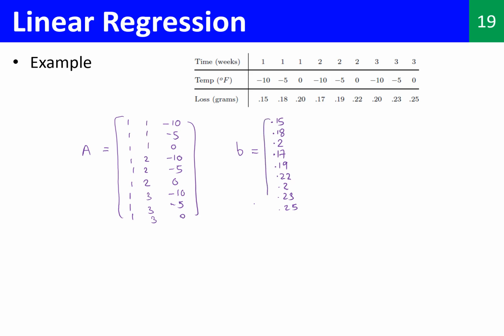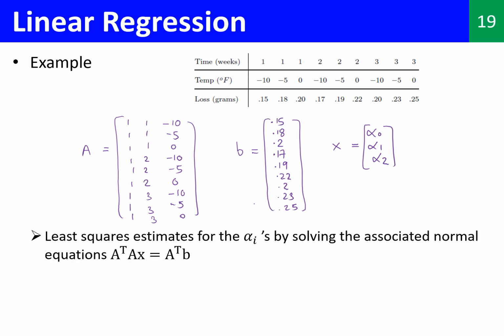Okay, and here we have three unknowns. So x is equal to, let's say, alpha naught, alpha 1 and alpha 2. Alright, so by employing the same technique, we have the associated normal equations.